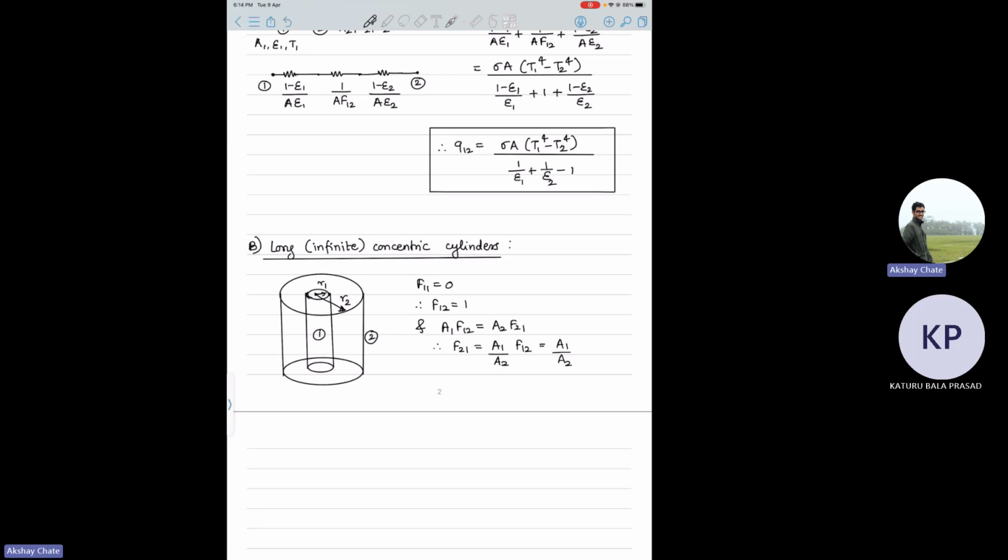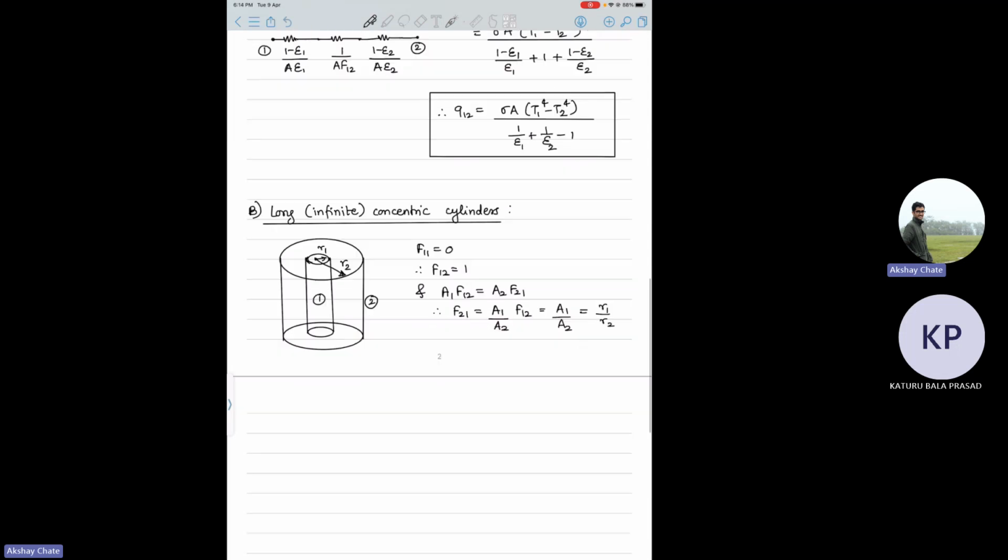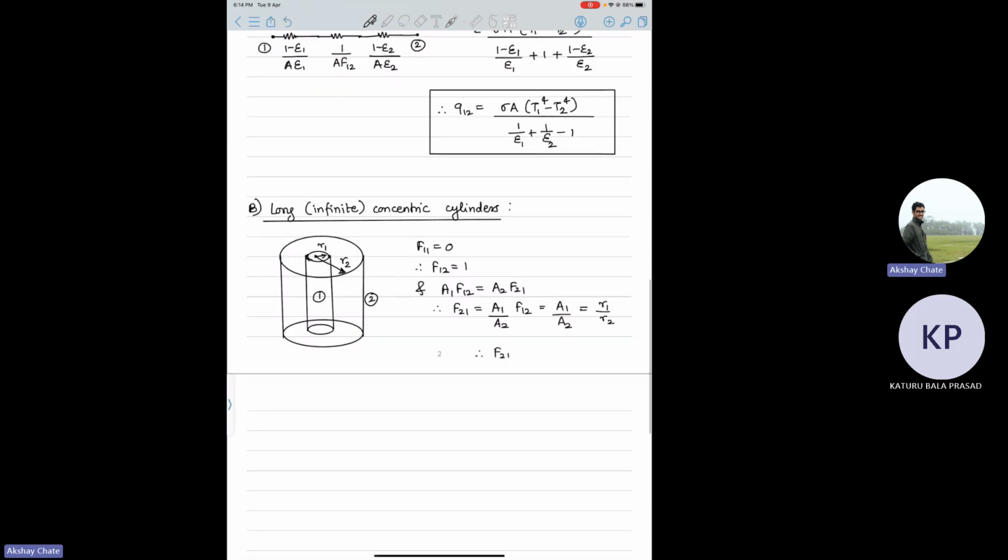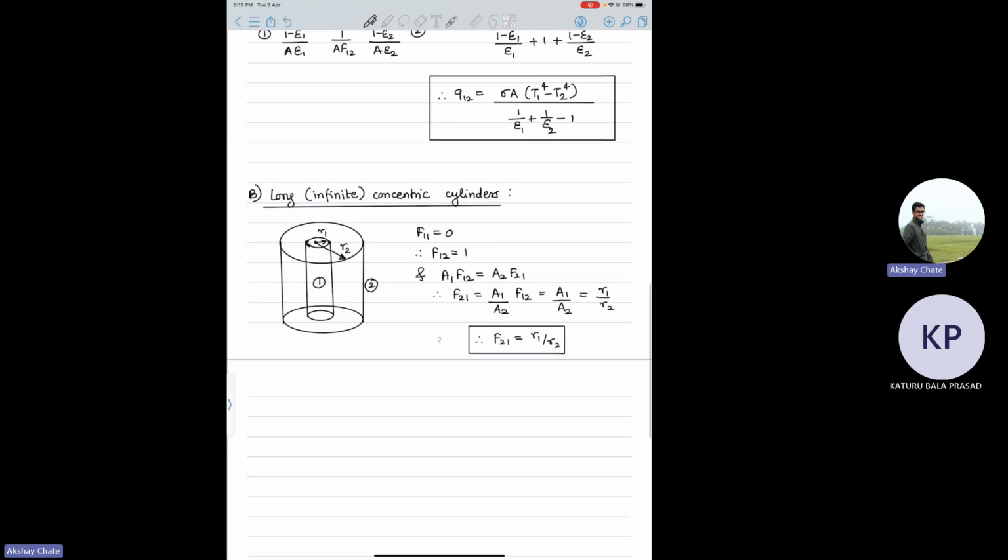A1 is the curved surface area of the cylinder, so that will be pi D L, and both cylinders have the same length typically. Therefore, it will essentially be R1 by R2. So F21 will be R1 by R2. Remember this also, because in some cases you will directly use it.